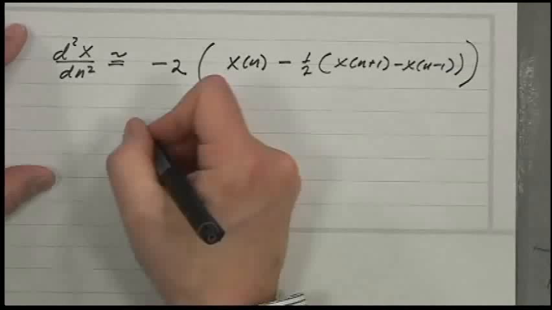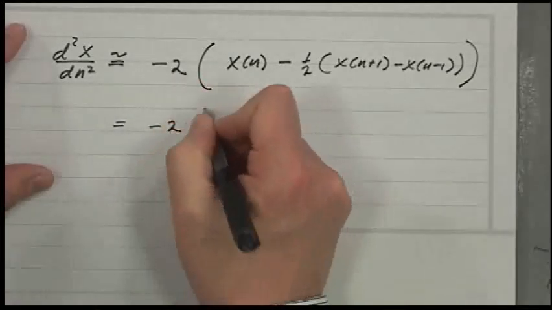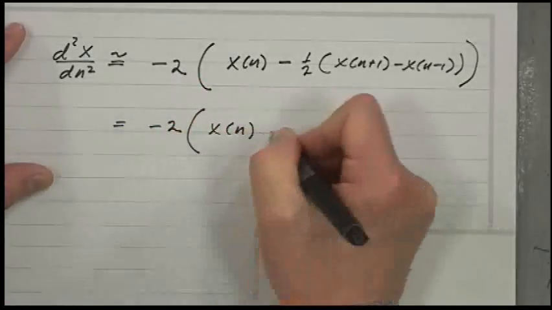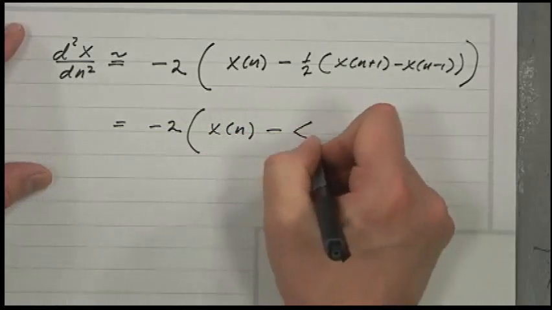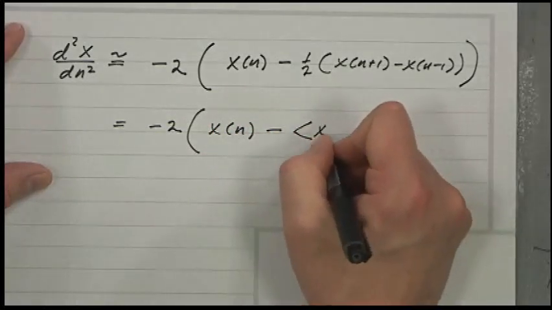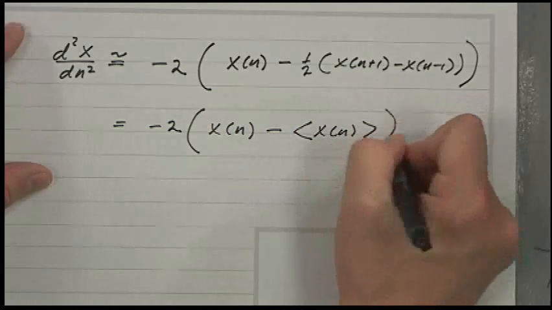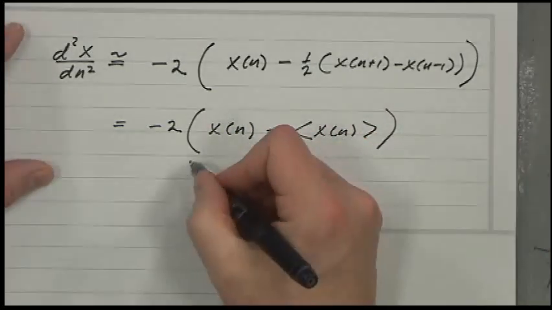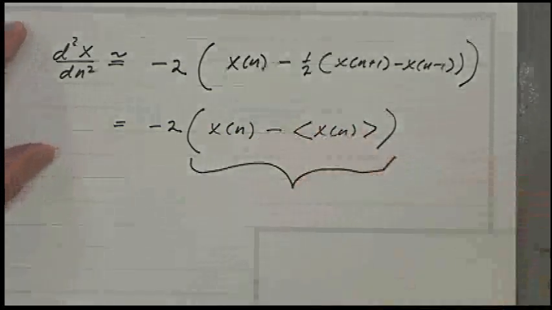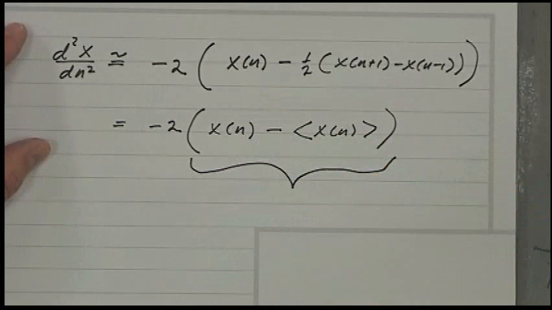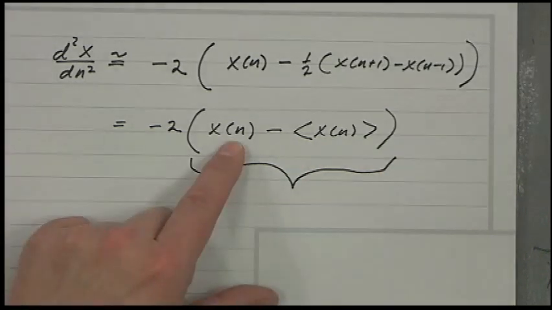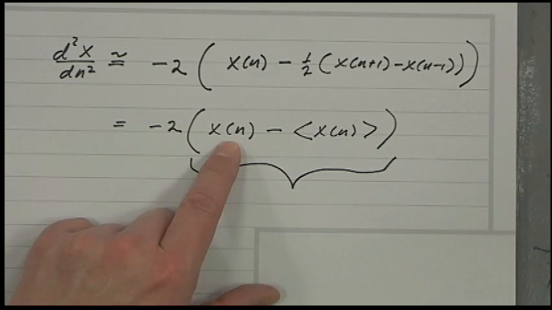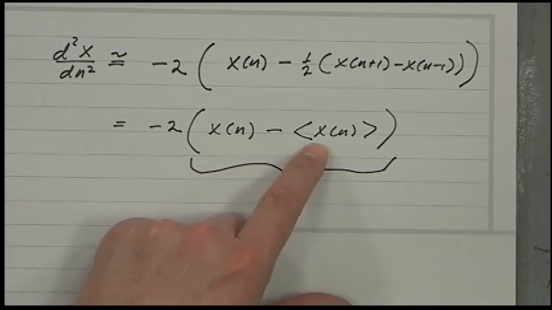But then the other way to put this is that it looks like minus 2 times, I take x of n minus the average of x of n nearby. So this is the sharp part of the image, because I've taken x and I've subtracted its average local value.